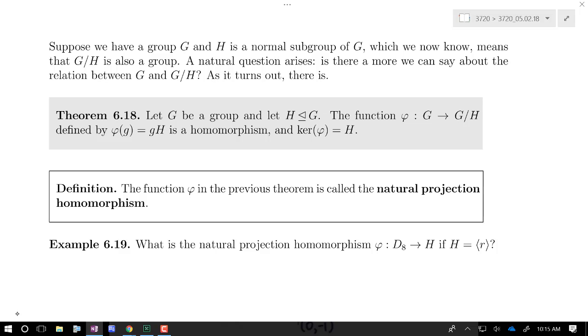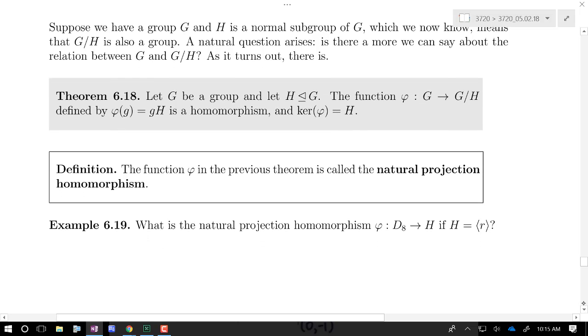Okay. So one result here says if we have a group G and H is a normal subgroup, we already know that we can mod out and get another group, right? We know from what we saw on the previous page that G mod H itself is a group if H is normal.